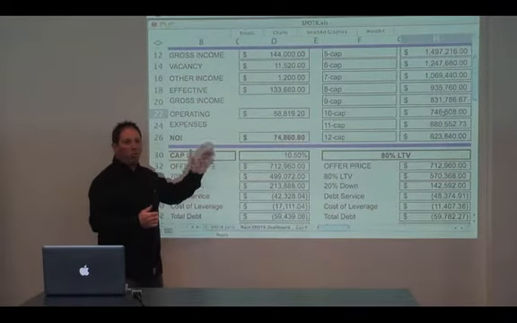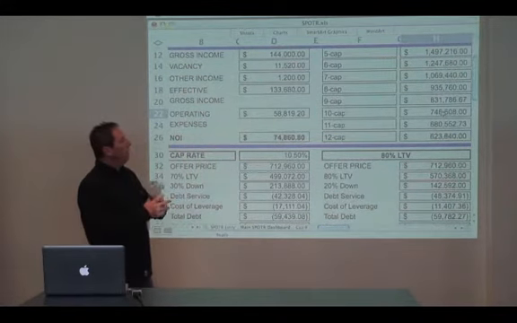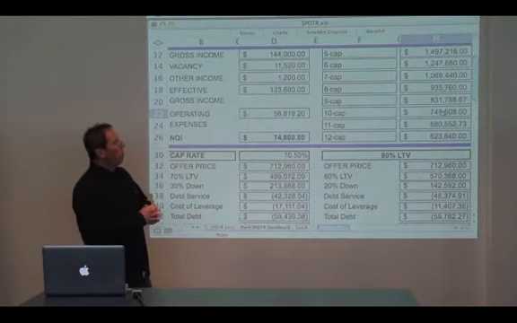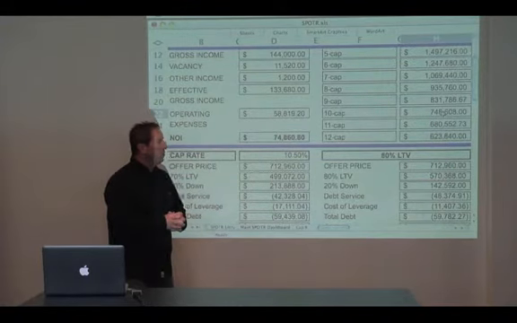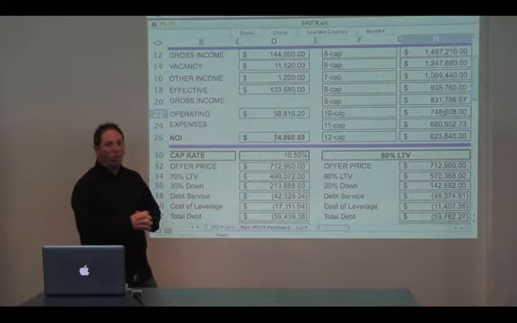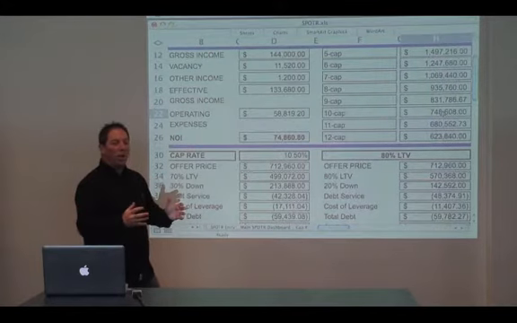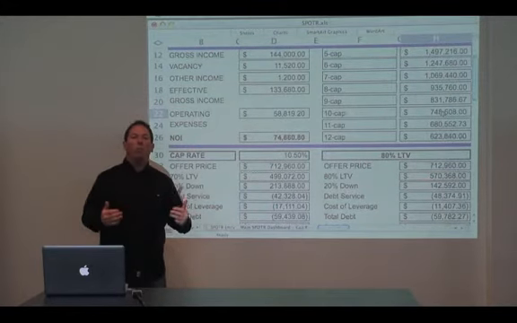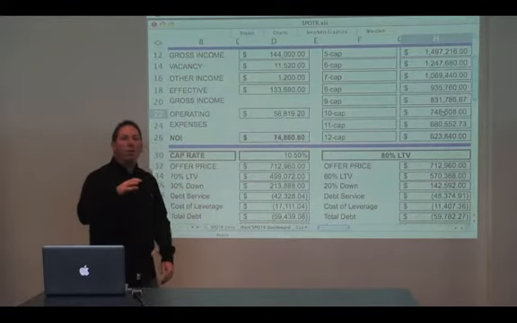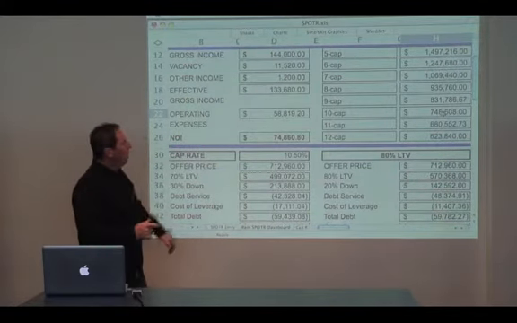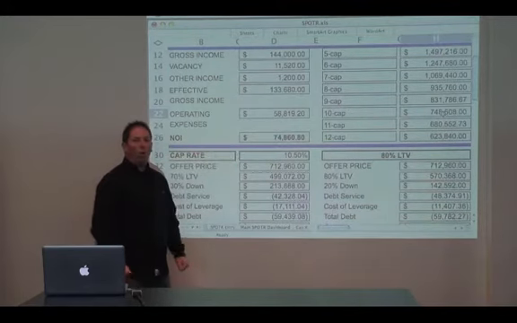So I know just from looking at it that at a 5 cap, based on this NOI, the property should be worth about 1.5 million. At a 12 cap, it's worth about $623,000. Now that's an enormous range, and it was just so helpful for me to be able to see the different ratios in how the capitalization worked. Remember, it's all derived from the NOI.